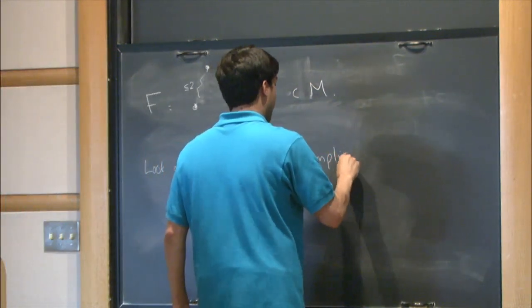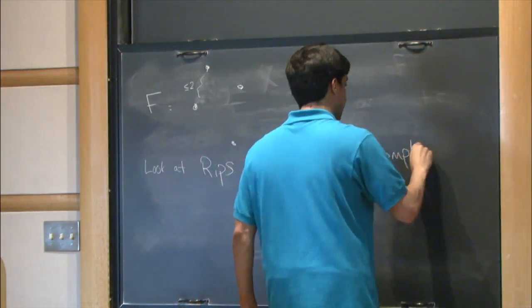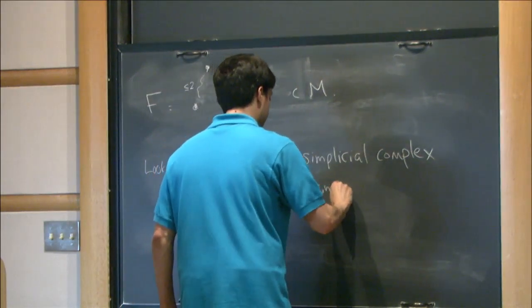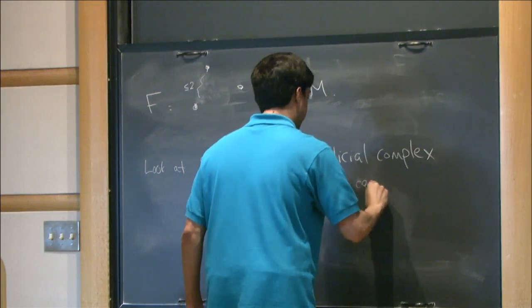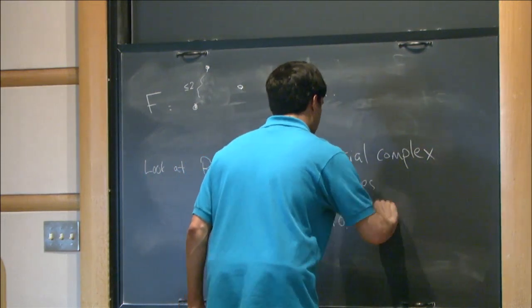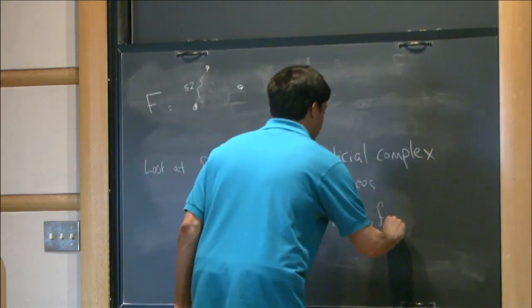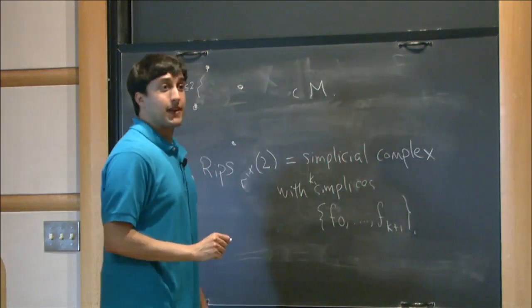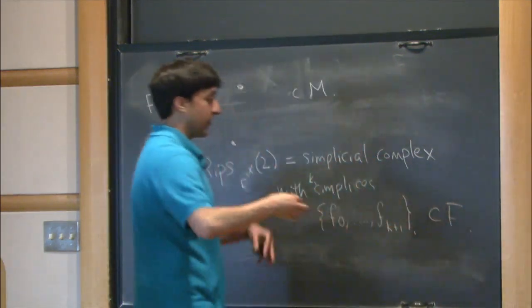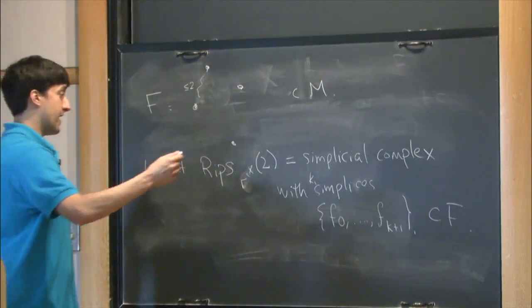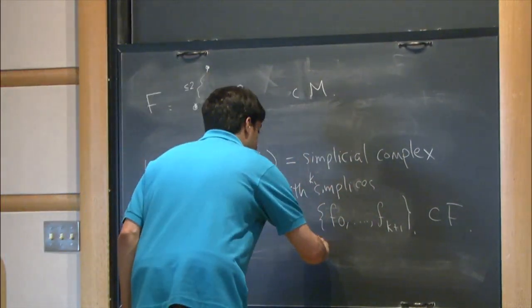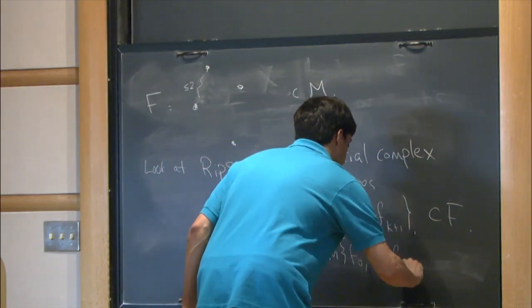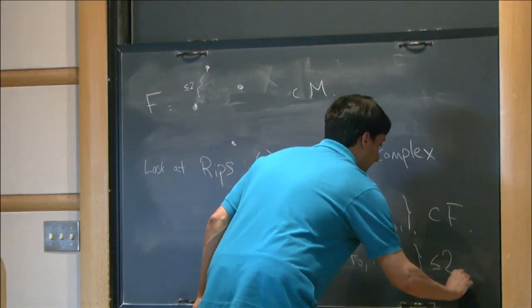This is a simplicial complex whose k-simplices are subsets f0 up to fk+1 of our grid F, for which the diameter of this set of points is less than or equal to 2.